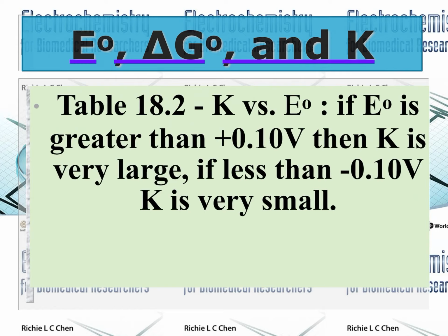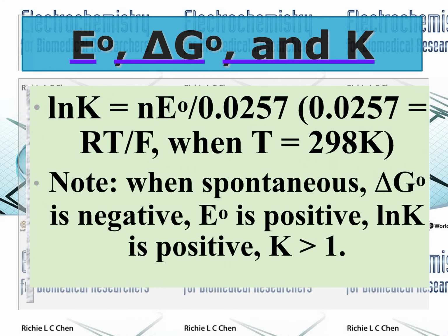A regular double A cell battery is 2.5 volts. So this isn't a lot of electrical current. And if you have a value that is less than negative 0.10 volts, then we're looking at very small K equilibrium values.